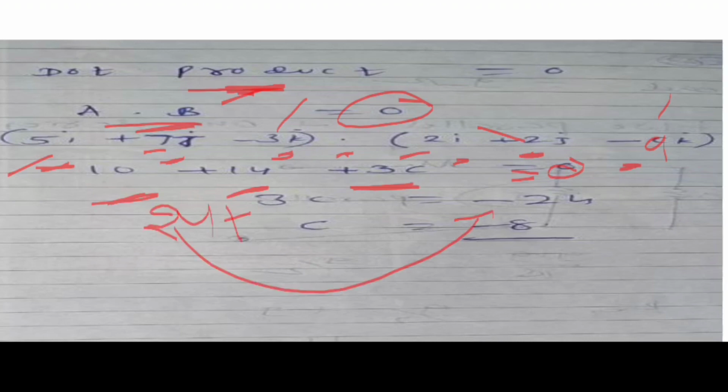This 24 is sent to the right side. So 3c equals minus 24, c equals minus 24 by 3. So the answer will be minus 8.